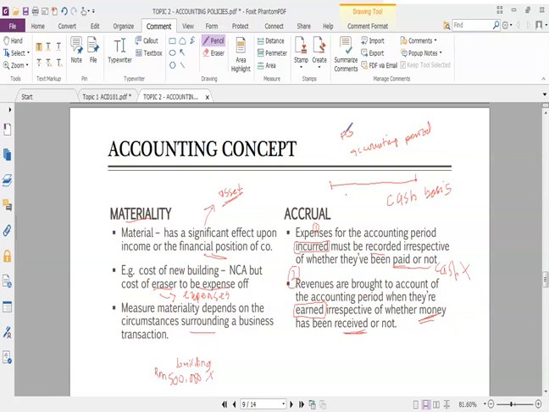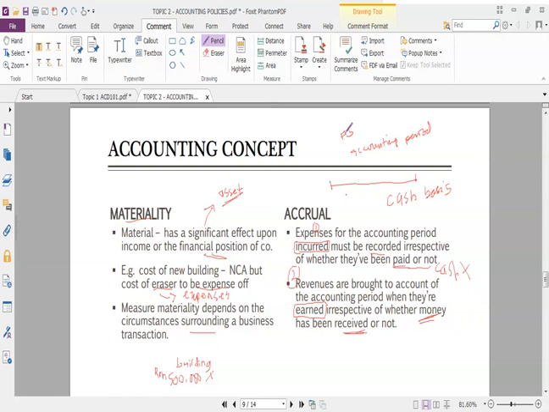That is what the accrual concept means. You must record it in the financial statement on that accounting period, even though the money is not received yet.